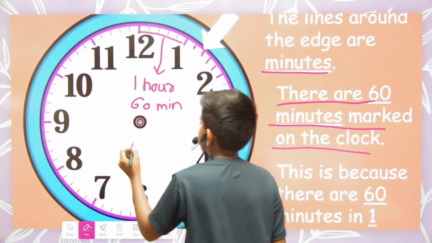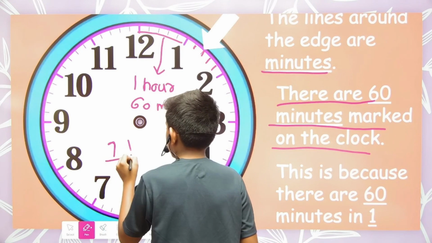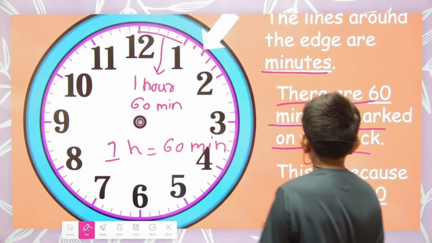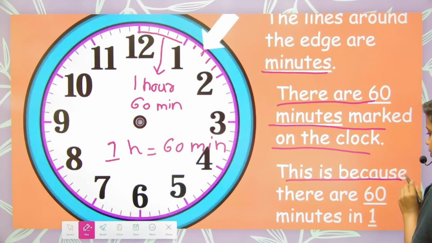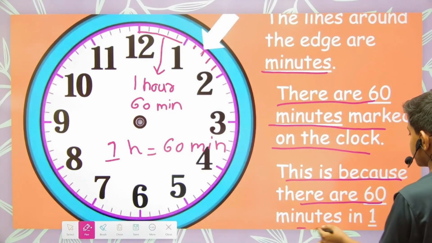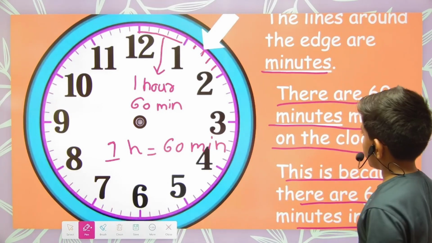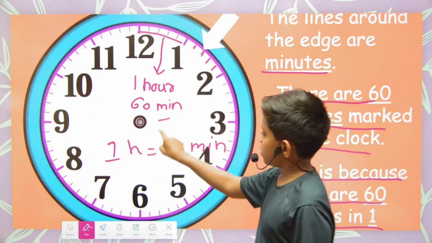So what can we say? One hour is equal to 60 minutes. This is because there are 60 minutes in one hour.